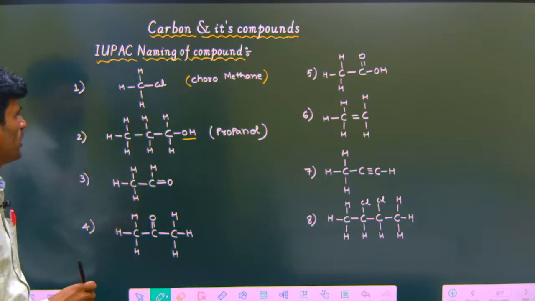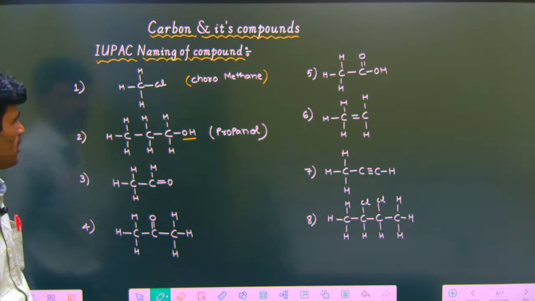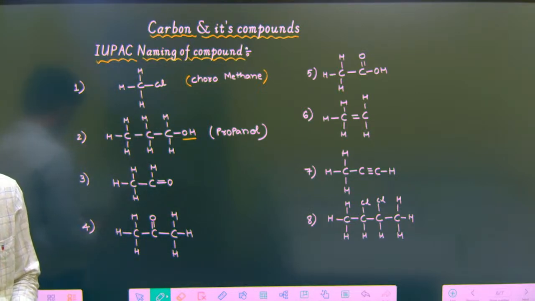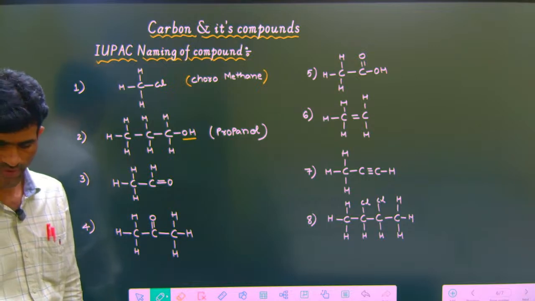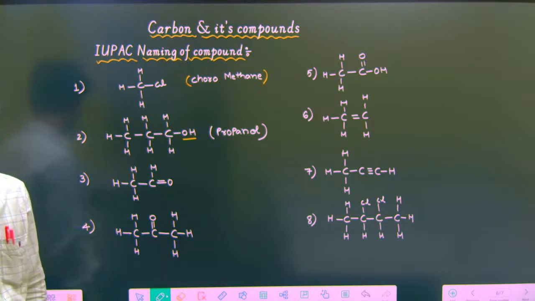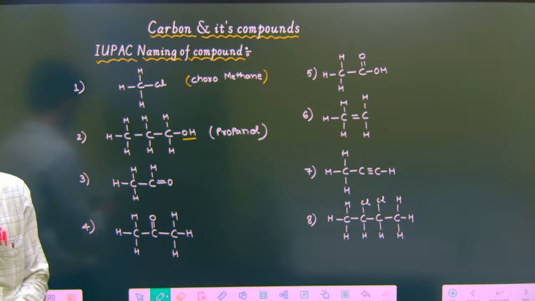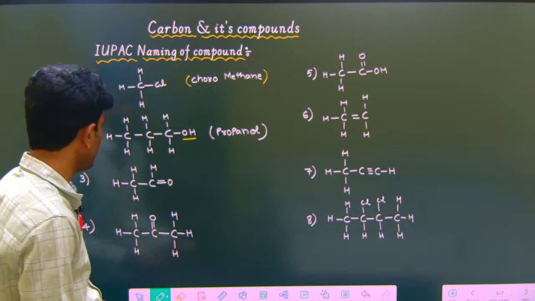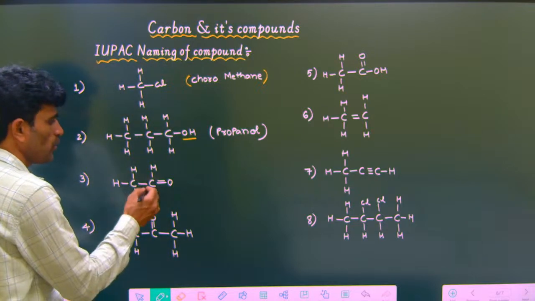Now coming to the third one, what functional group is there in this? Comment your answer. What is the functional group in the third one? You are writing the name directly. The functional group is the aldehyde functional group, and there are 2 carbons.